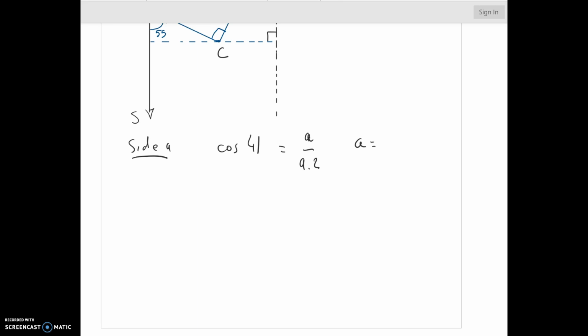And so A is going to be equal to 9.2 times cosinus 41 degree. And you're supposed to find the value of A equal 6.9 kilometers. I will let you find the value of the side B by yourself using the fact that you are looking for the cosinus of the angle 49 degree, which is equal to B over 9.2.